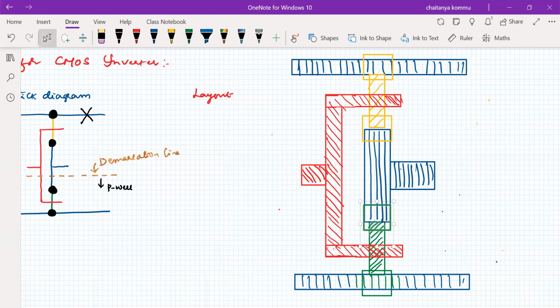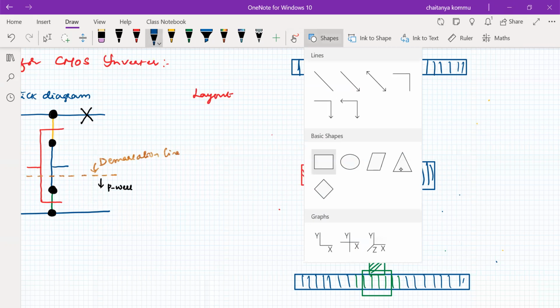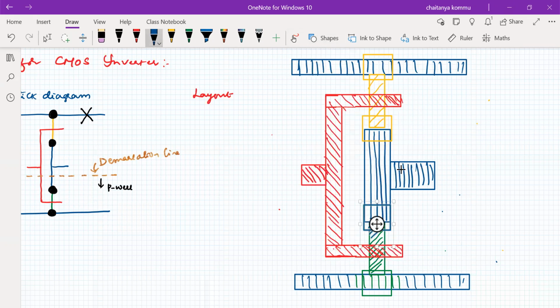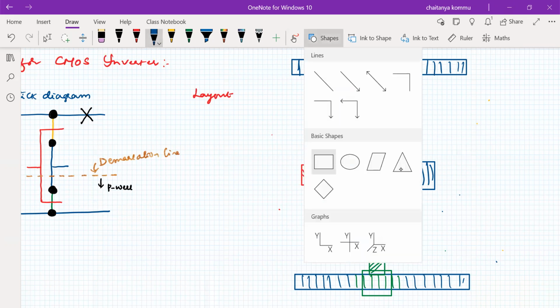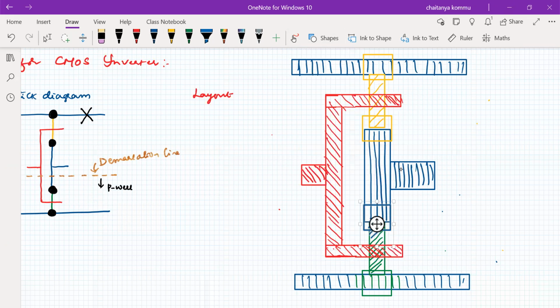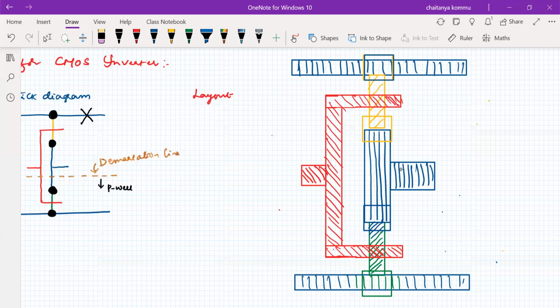Okay, now we have to take another overlap region, mixing up the blue color. So I have to consider here as well. Here I have to consider. Here also I should consider. Overlap region.